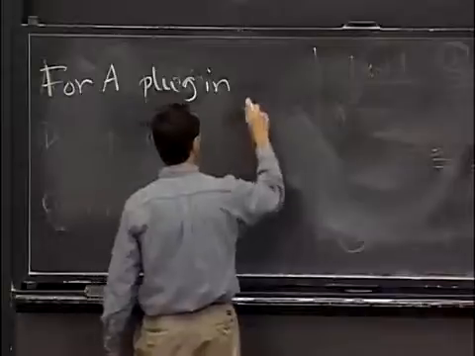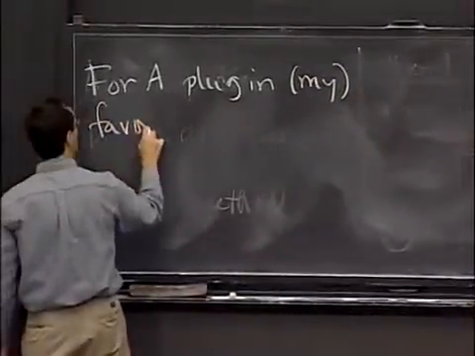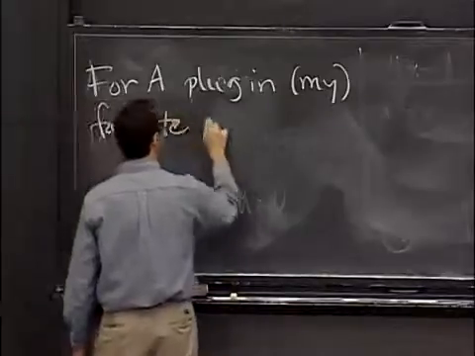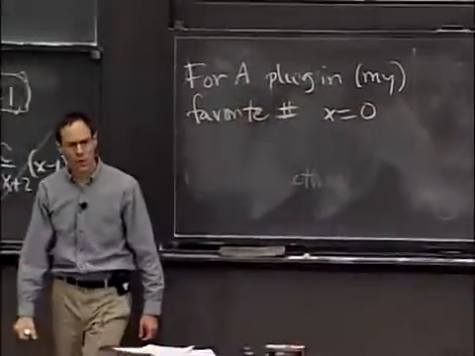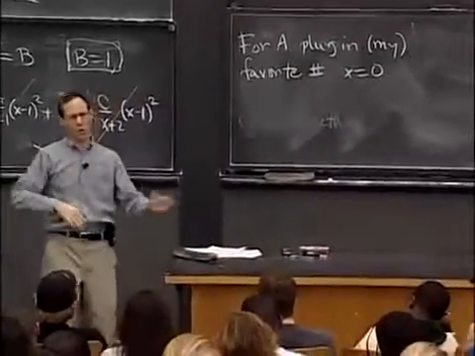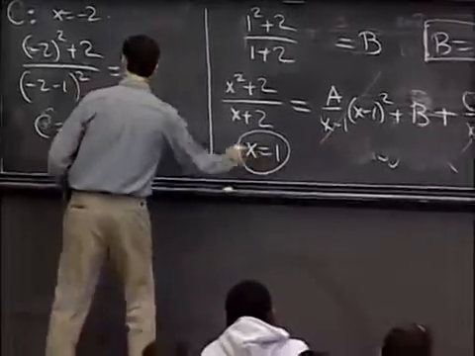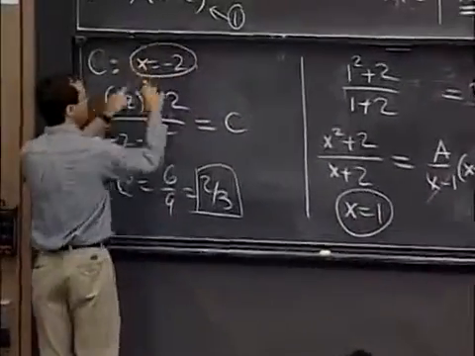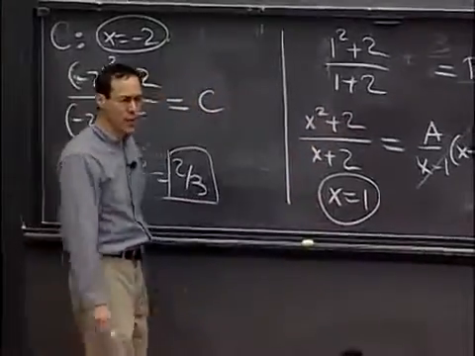So plug in my favorite number, which is x equals 0. You won't be able to plug in x equals 0 if you've already used it. Here, the two numbers we've already used are x equals 1 and x equals minus 2. But we haven't used x equals 0 yet, so that's good.